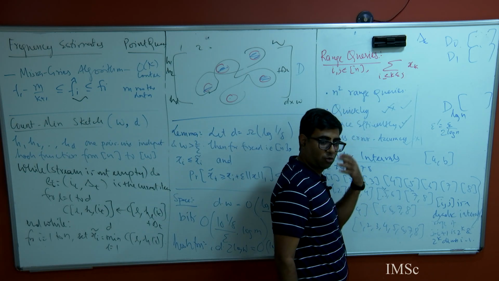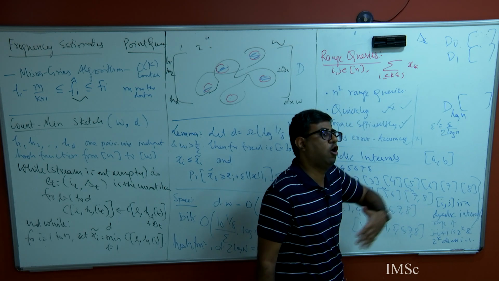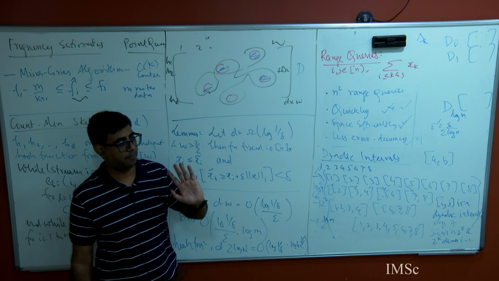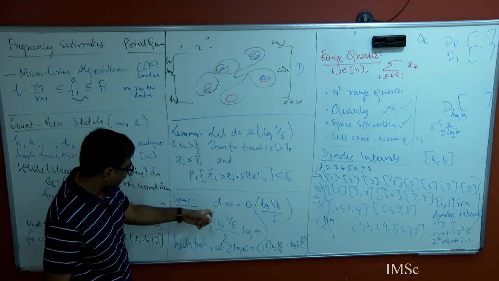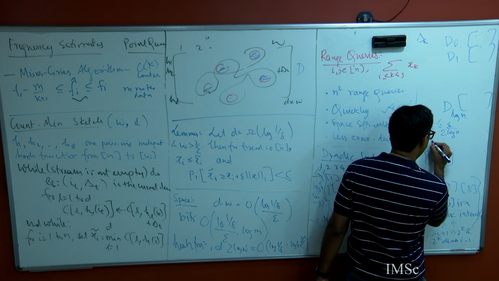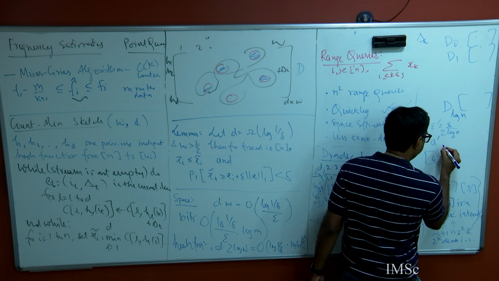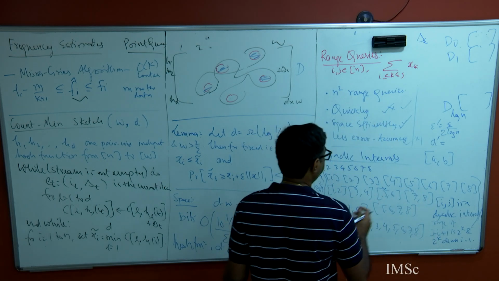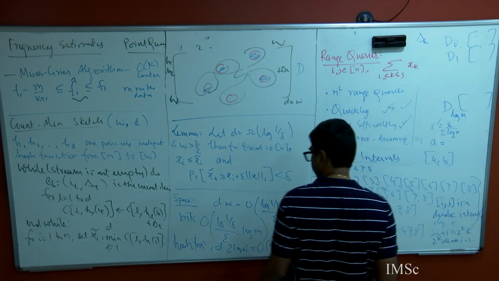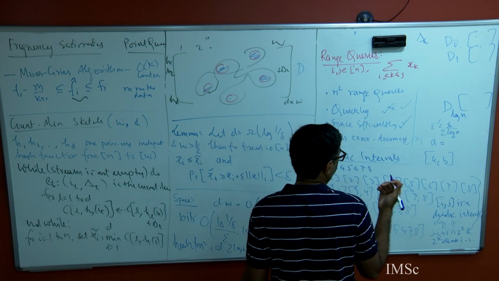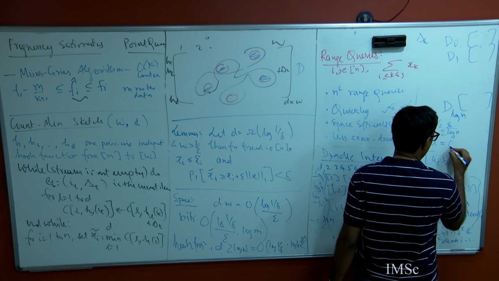We want the queries to be correct for all queries, so as before we have to apply a union bound and everything. So you also apply epsilon prime as epsilon by 2 log n. What will D prime be? We don't have any delta, so you choose something like order log n.